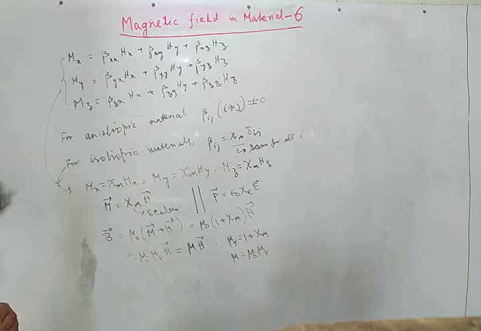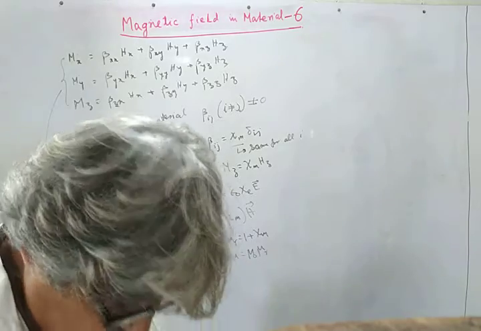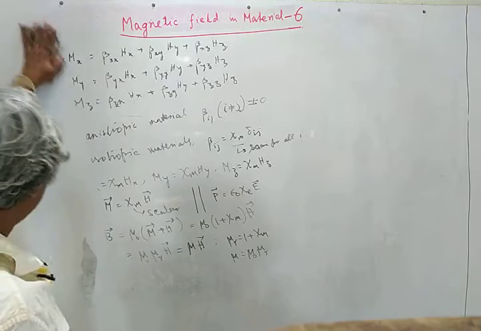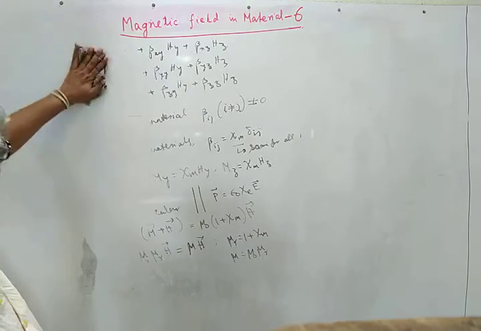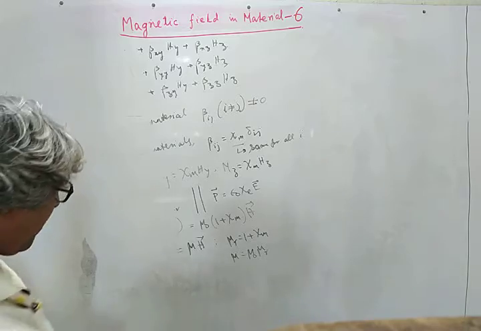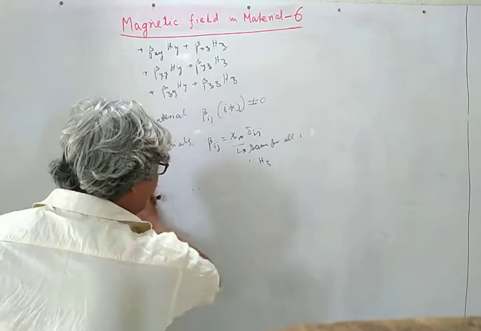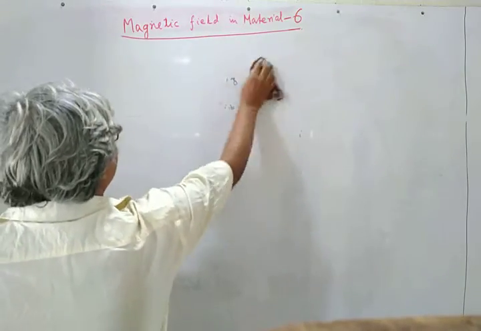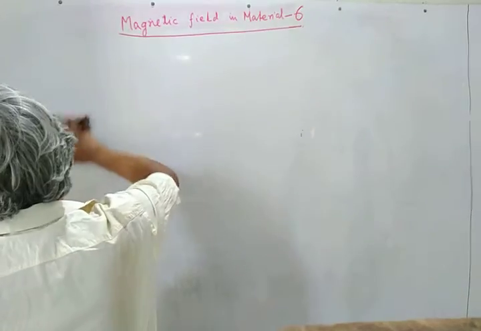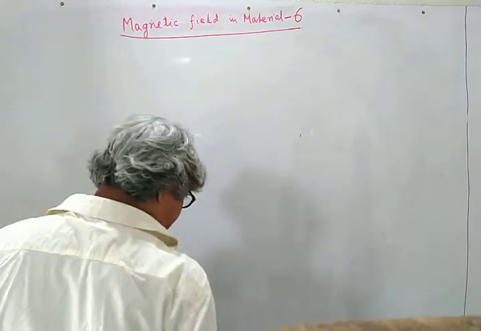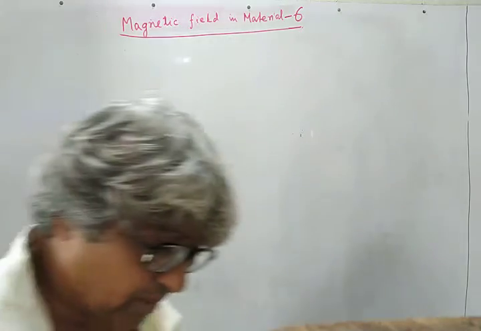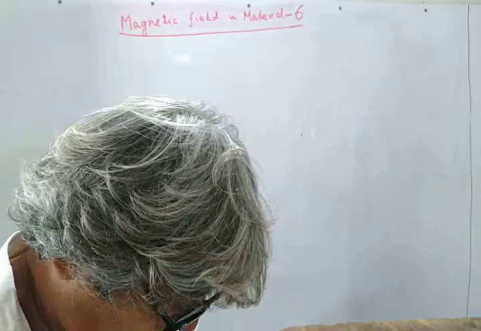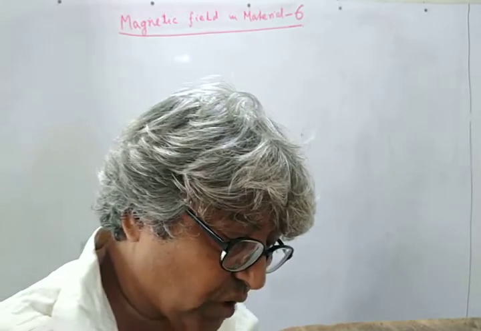Now I come to the different types of magnetic materials. As we introduced in the first class, diamagnetism is an inherent property of all substances. When a magnetic field is applied, it is found that the atomic or electronic orbits get distorted, and this gives rise to some magnetization, which is in opposition to the applied field.